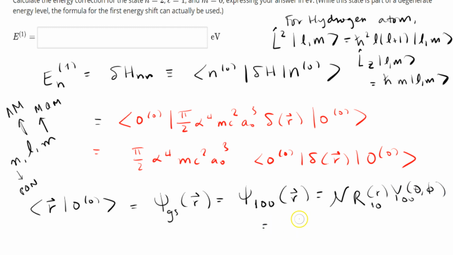I saved you the time. This is just equal to 1 over the square root of pi a naught cubed, that's our normalization, times e to the negative r over a naught. And then the spherical harmonic is absorbed into this.